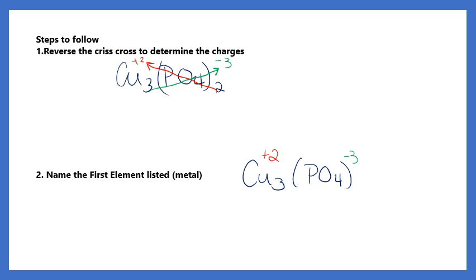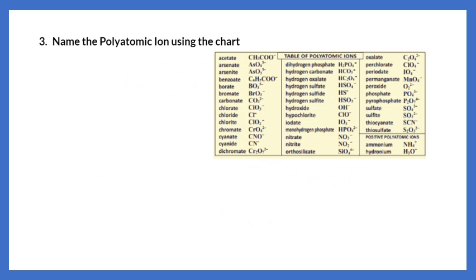All right, now you want to name the first element listed. So Cu is copper. Okay, second step done. Oh, shoot. I can't go back. Darn it. Okay, so hold up, guys. It was supposed to be copper. Here.